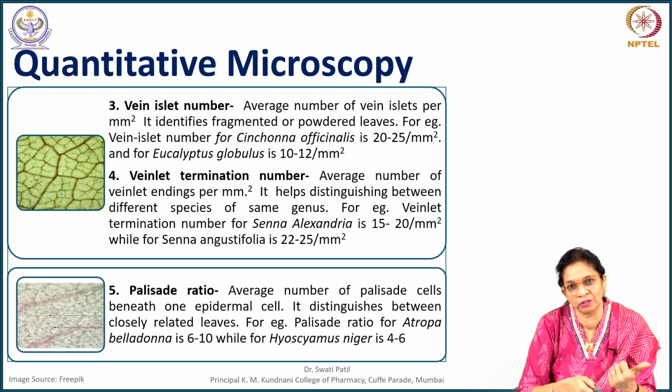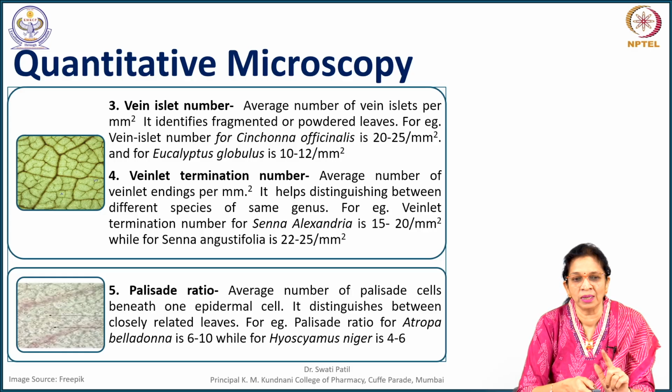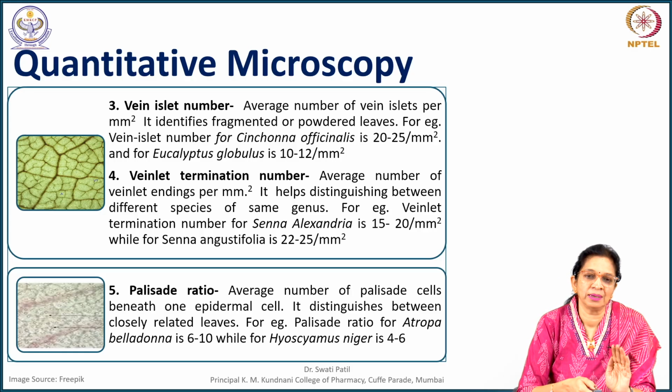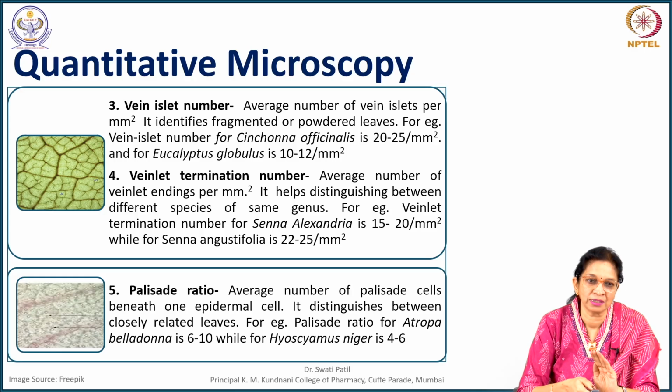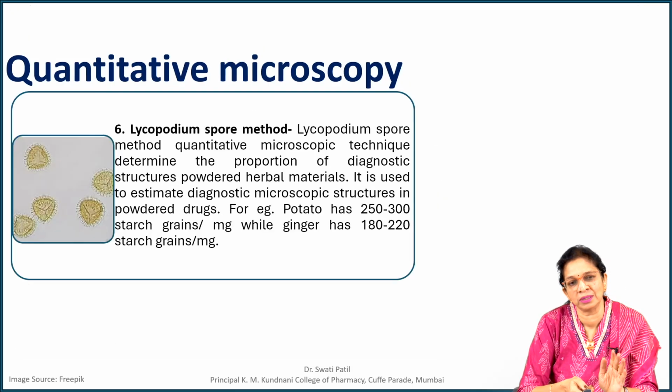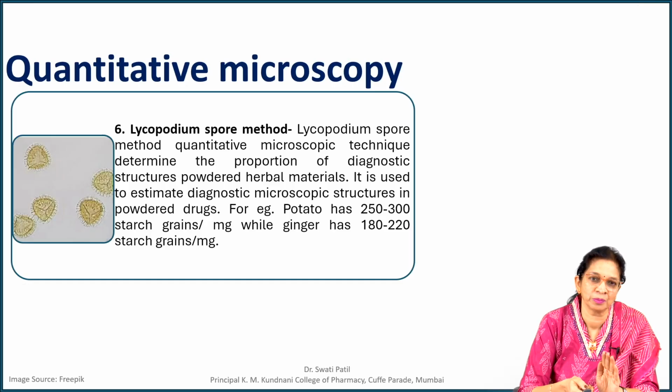Senna alexandrina, which is the European senna, and Senna angustifolia, which is the Indian senna. Palisade ratio, the number of palisade cells to an epidermal cell, will also help us identify. Lycopodium spores can be used as a preliminary standard to count the number of diagnostic microscopic characteristics present.